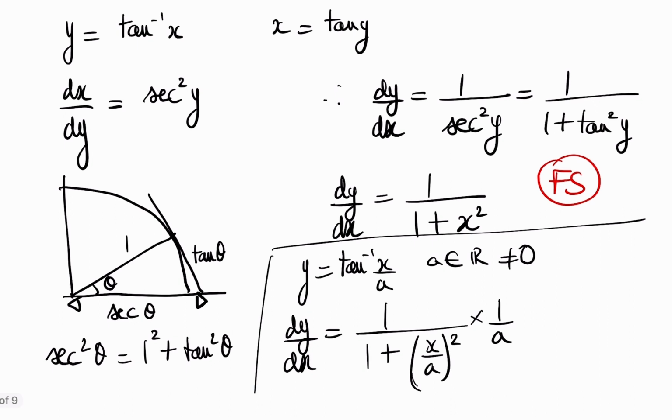So therefore it would be equal to 1 on a plus x square on a, which we can reorganize if we times both the numerator and denominator by a, as a over a squared plus x squared.